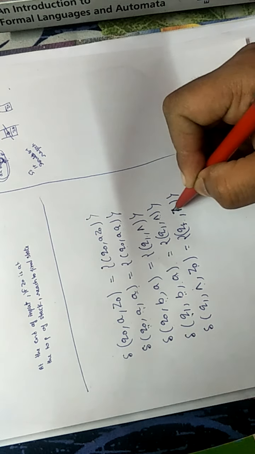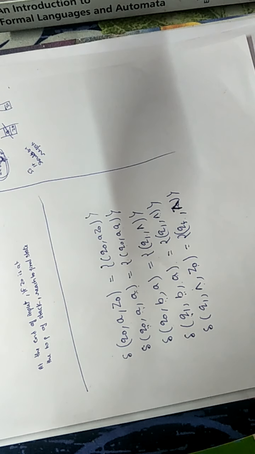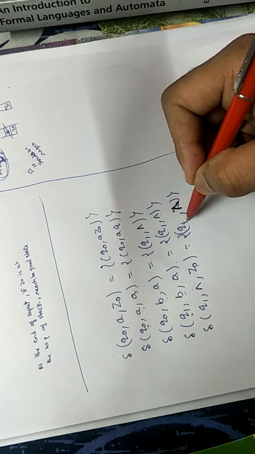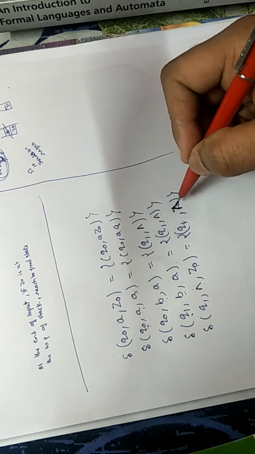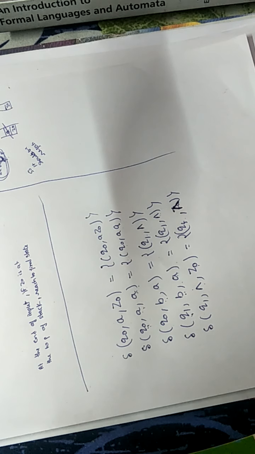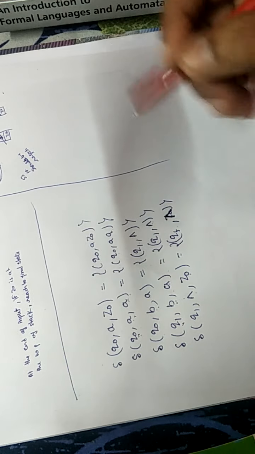It doesn't make any effect later. But if you are designing the PDA by acceptance by final state, then you can leave Z0 here. But if you are designing the PDA using acceptance by empty stack, then you must make it empty.